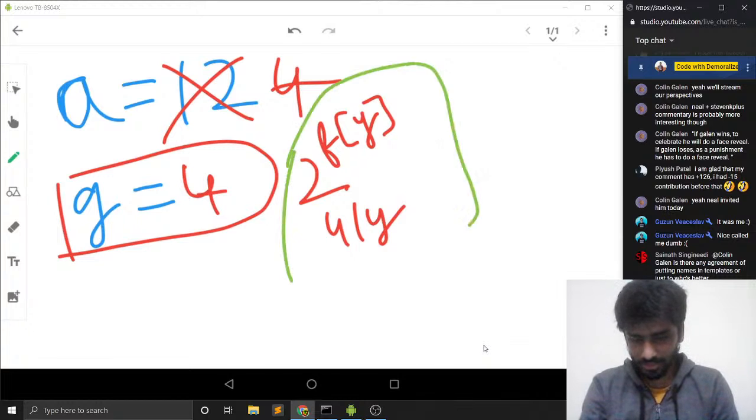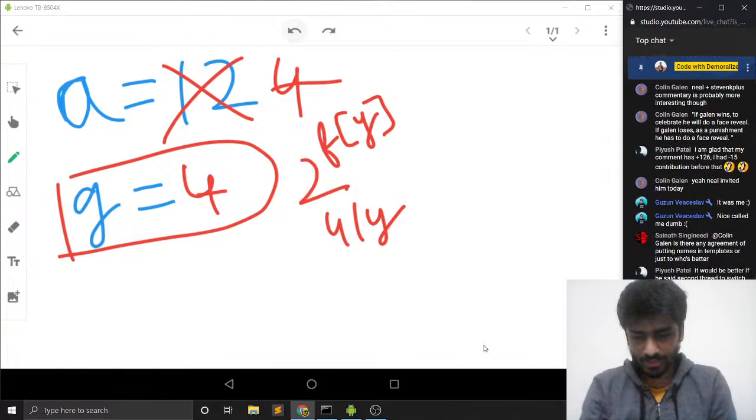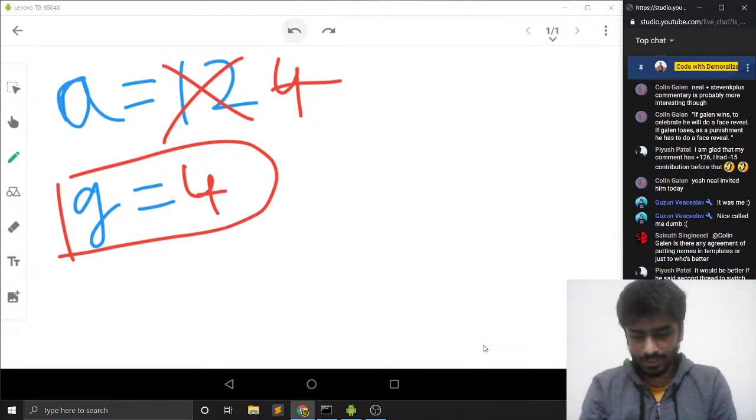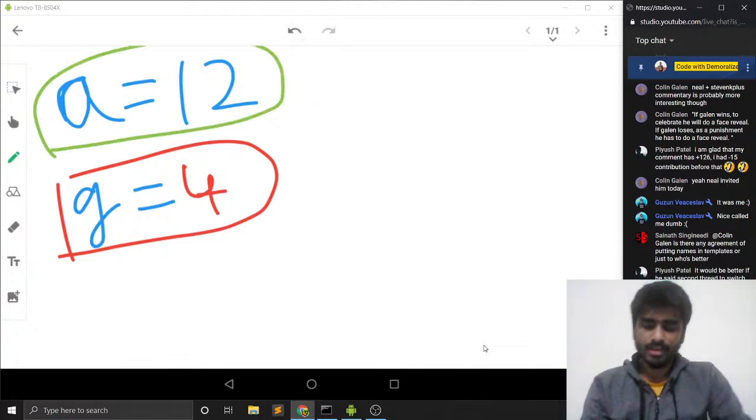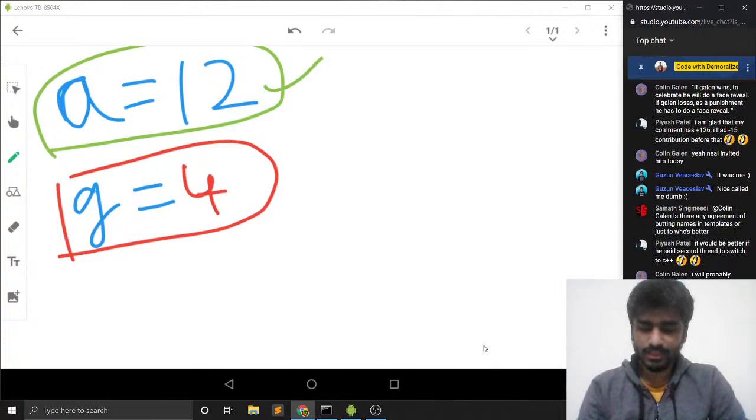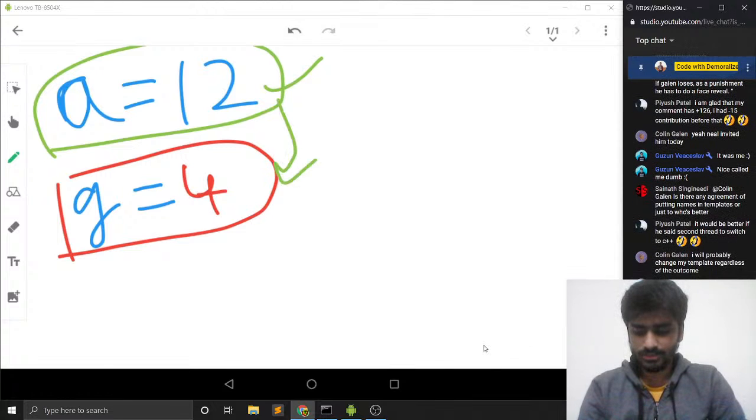So this is what I want, right? And this seems easy. This I can do with some easy pre-processing. The tough part is probably this part, when the number we're considering is a multiple of the GCD we're concerned about.